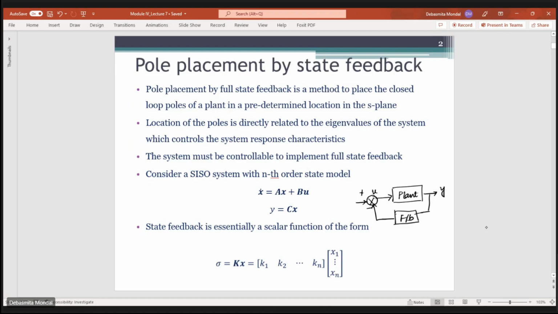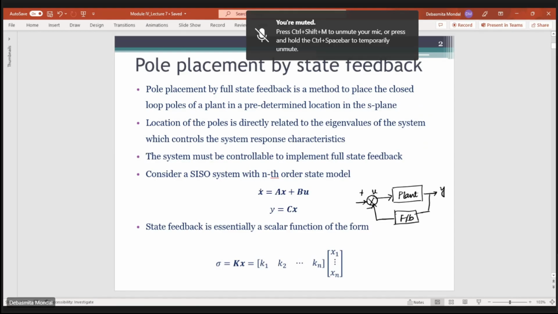So the main purpose of using this feedback is that we can change the position of the closed loop poles according to the design of this feedback. Depending on the gain of this feedback, we can specify the position of the closed loop poles of the system.